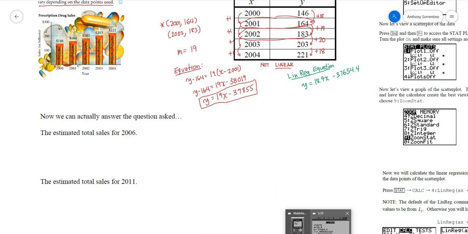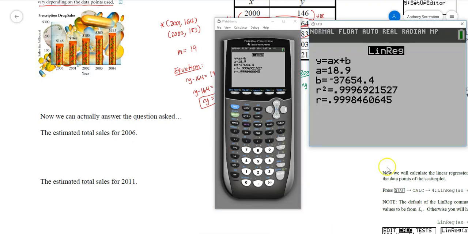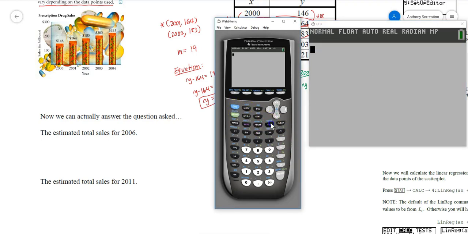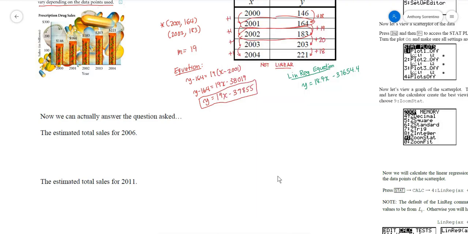So I pull up variables, go to y2, and put in the year 2006. I get 259. That means the estimated total sales for 2006 would be $259 billion. I have to make sure I'm putting the right variables in. It's dollars, and it's in billions of dollars.